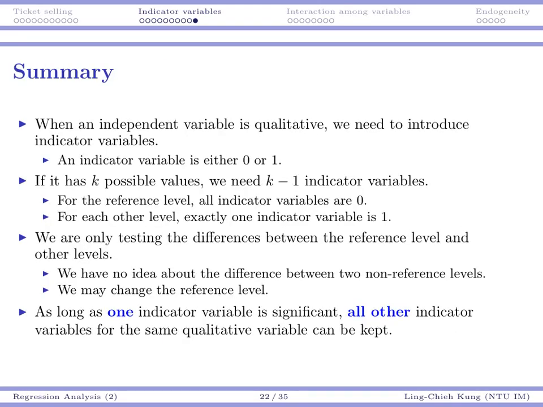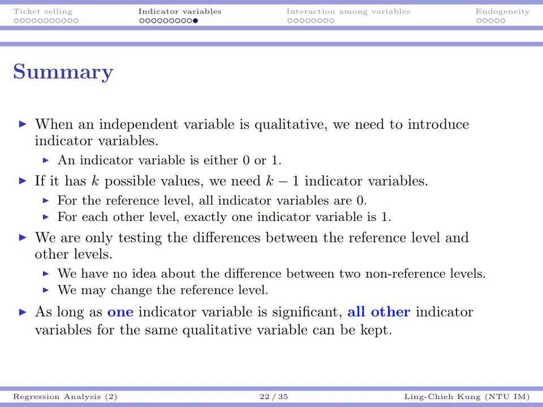So, summary. When an independent variable is qualitative, then we need to introduce indicator variables. And for all the indicator variables, the values would just be 0 or 1. If the variable has k possible values, then we need k minus 1 indicator variables. For the reference level, all the indicator variables will be marked as 0.